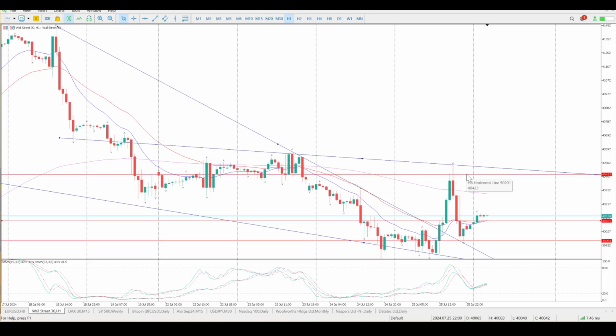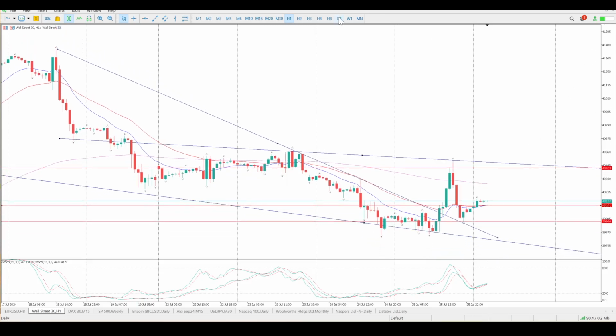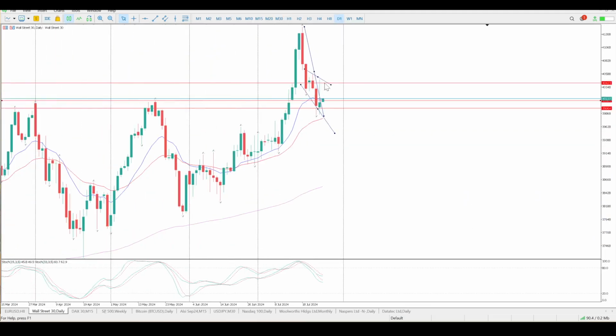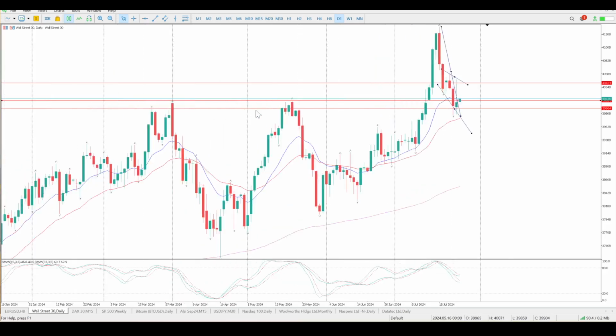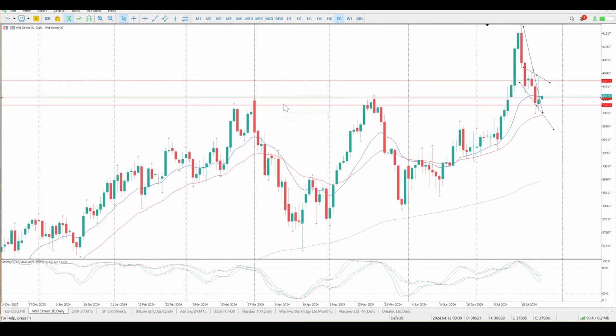Break of 4423 or 4400, a retest of that zone, that's when I start looking at longs. I'm not looking for shorts, not at all. If you look at the daily zone that we're in here, that we have kind of rejected, it's very messy, but that was a previous all-time high.